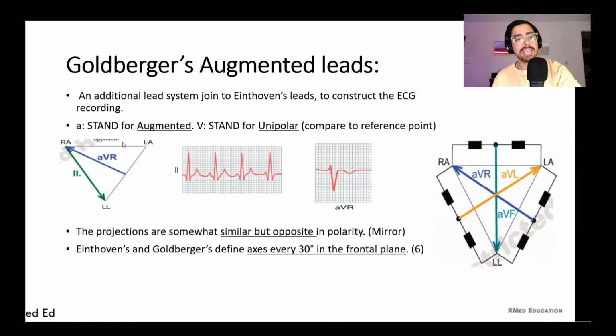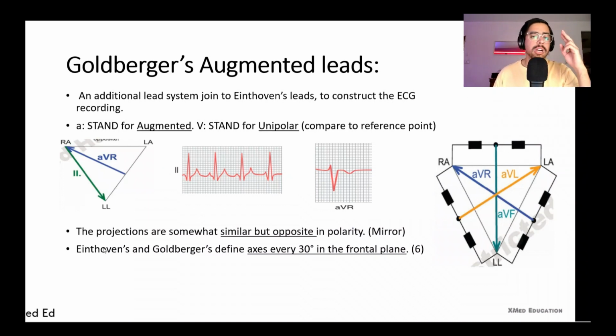But when we talk about aVR, which is toward the right arm, the amplitude is quite the same, but in a different direction. So lead 2 shows the direction on the upside, and aVR, which is here, shows the direction on the opposite side. They give us the same information, but from a different perspective. That's it. It's not something different. These two show exactly the same thing, but from different views. So they are kind of mirrors of each other, like lead 2 and aVR.